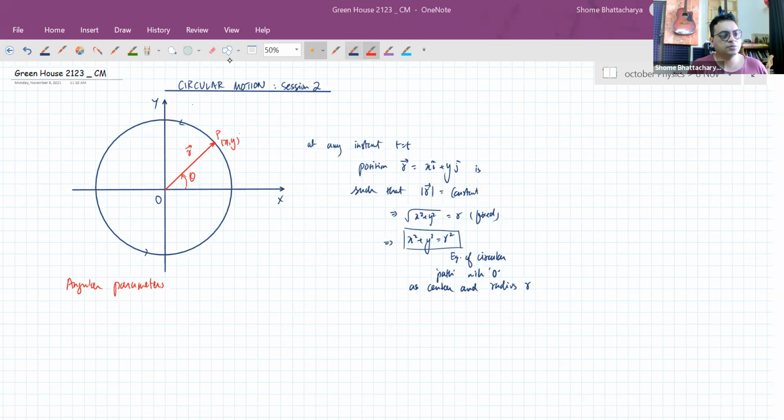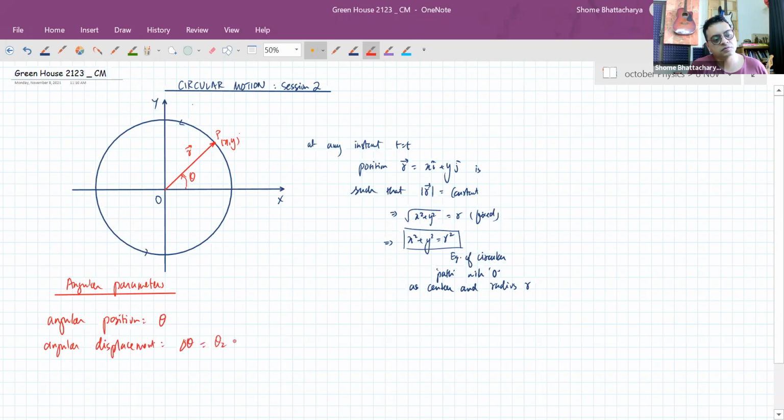Okay. So the angular parameters, we start by describing angular position, as we said. Then we have angular displacement, that is the change in angular position.